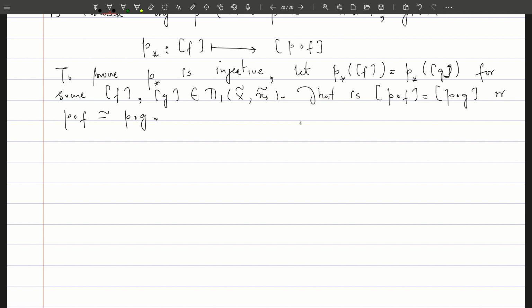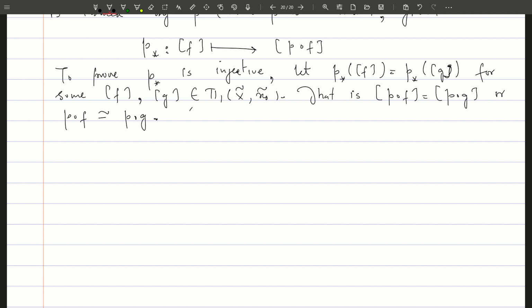Actually they are the lifts of F and G, and we are given that the maps P composed with F and P composed with G agree at the end points. So by consequence first, F and G will be homotopic.